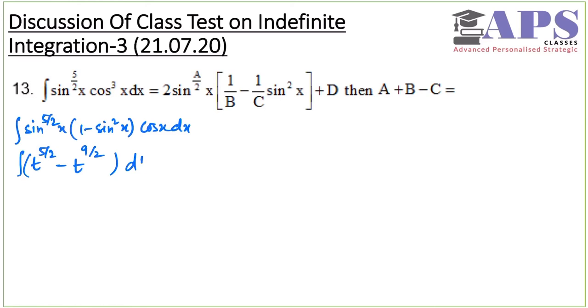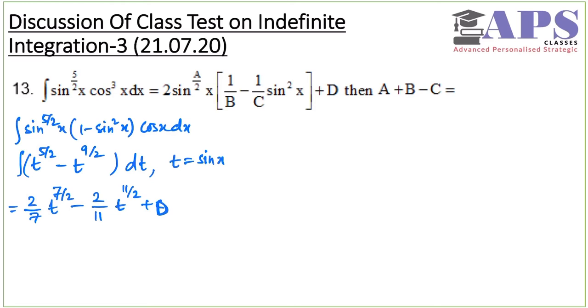So what I have done here is taken sin x as t. So this is giving us 7 by 2, so 2 by 7 t to the power 7 by 2 minus 2 by 11 t to the power 11 by 2 plus c. Now let's keep it as d because abcd is given like that.